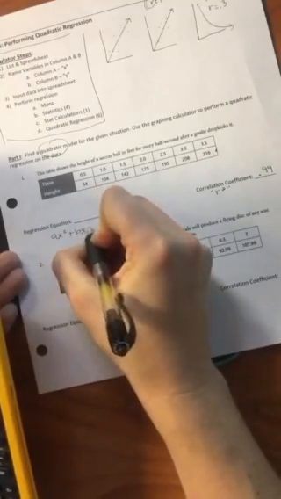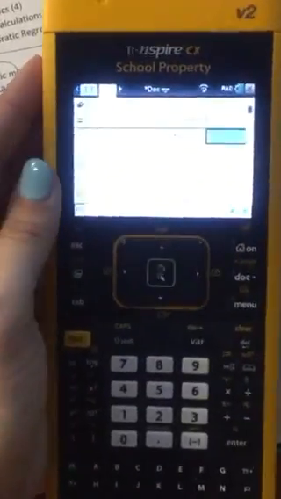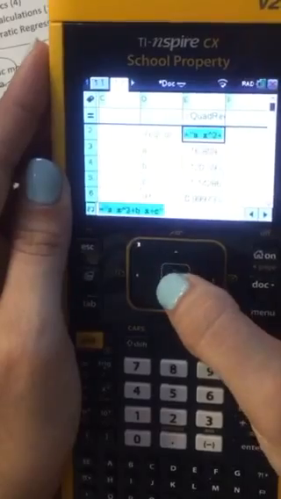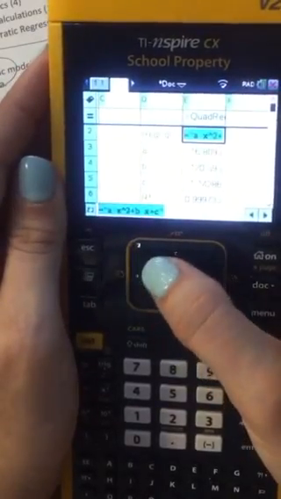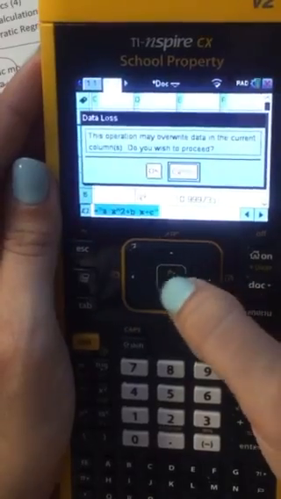Now, for our regression equation, we know our regression is always written as ax squared plus bx plus c. If you ever forget that, zooming back into my calculator, if you look right here, it shows you that equation, ax squared plus bx plus c.